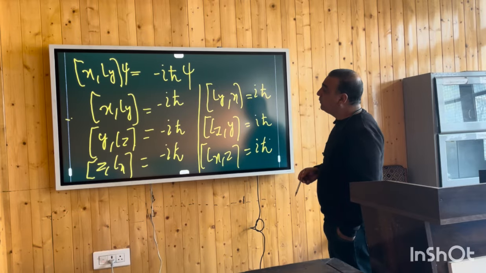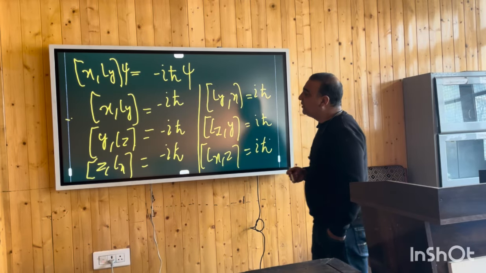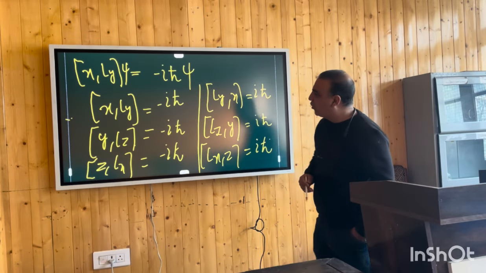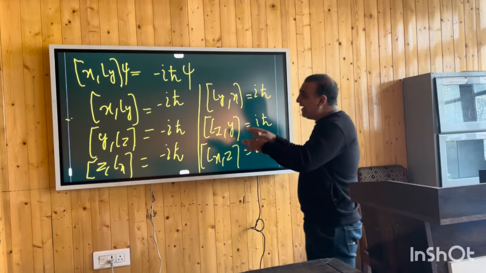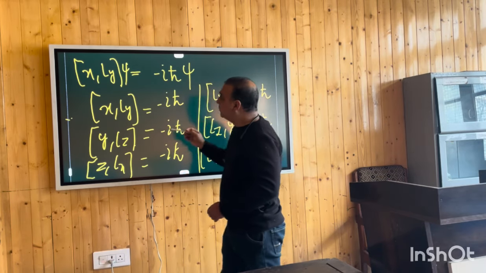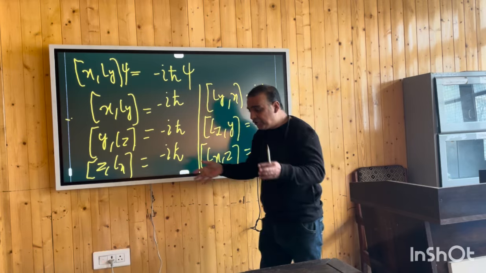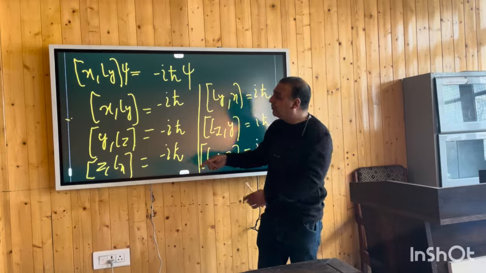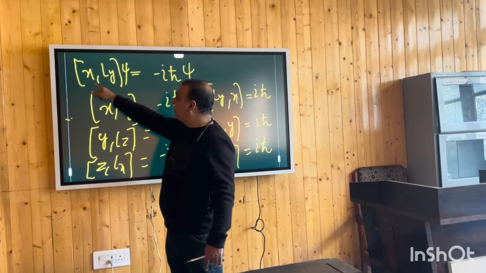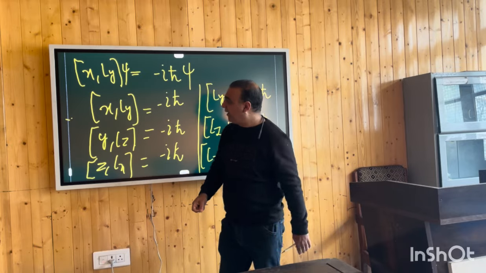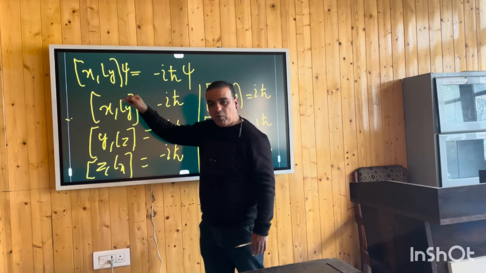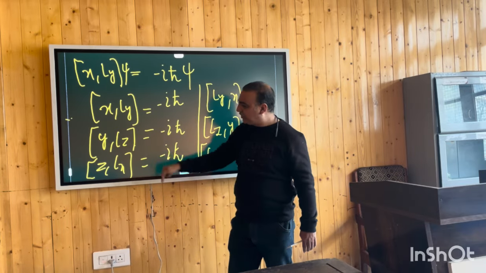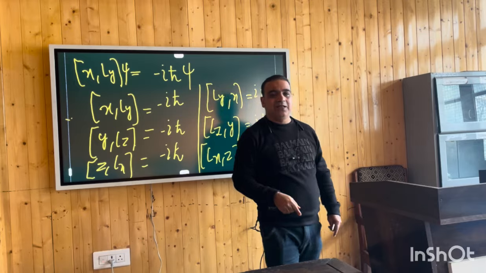Okay, so this is how we calculate the commutation relations between the coordinates of the position and the coordinates of angular momentum. And you can see here that the two do not commute. That means nature is putting a constraint on us to calculate accurately the position along x and angular momentum along y, the position along y and angular momentum along z, the position along z and angular momentum along x.